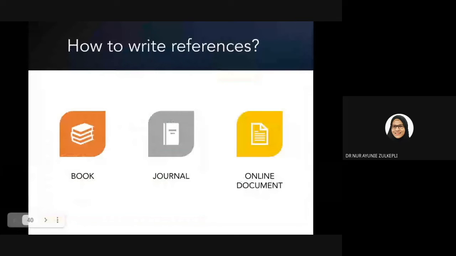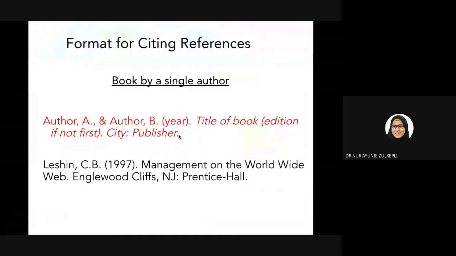And how to write a reference. For example, here I put sources from a book, a journal, and also an online document. For books by a single author, usually you will have the author name first, year, title of the book.